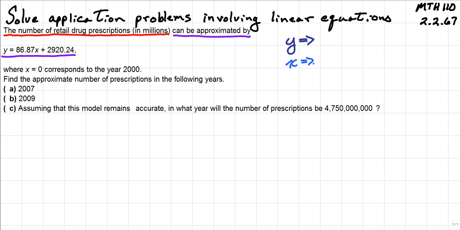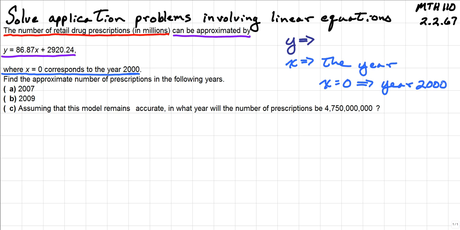Well, let's further read the problem, and it says where x equals 0 corresponds to the year 2000. Well, that means that x represents the year. And the 0 year, x equals 0, is going to correspond to the year 2000. Which means that anytime we add to that, let's say the year 2004, I want to know what x would be in this case.